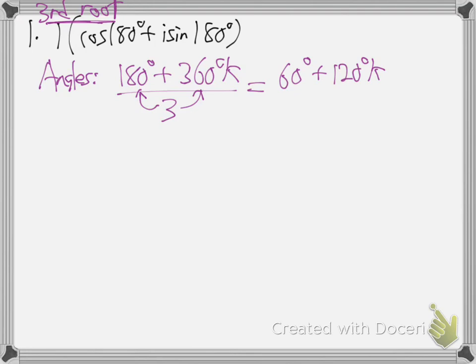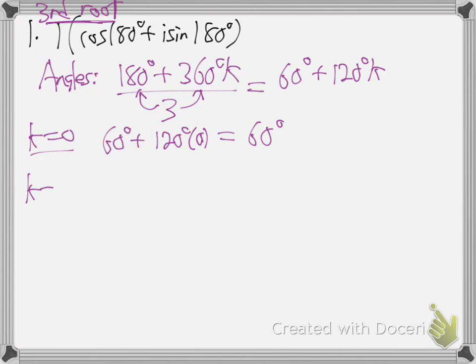And so then we just go down the line. K equals 0. So we get 60 plus 120 times 0, which is 60. K equals 1. 60 plus 120 times 1 is 180.